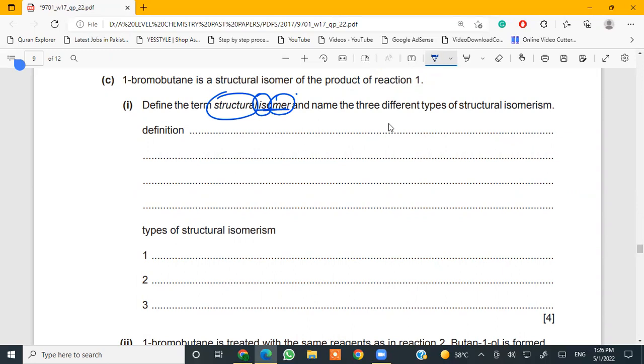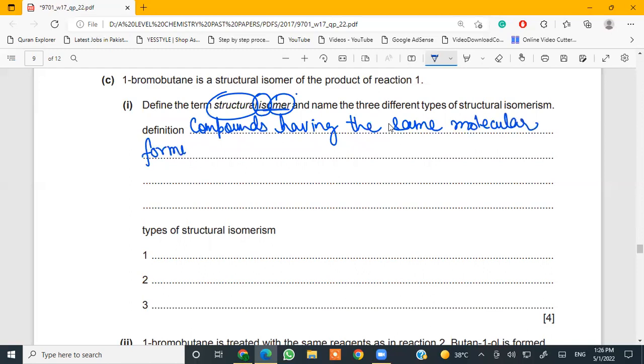Structural isomers are compounds having the same molecular formula but different structural formulas.